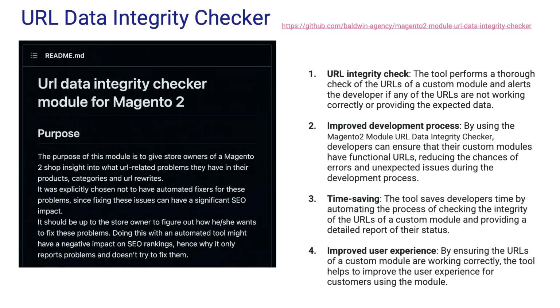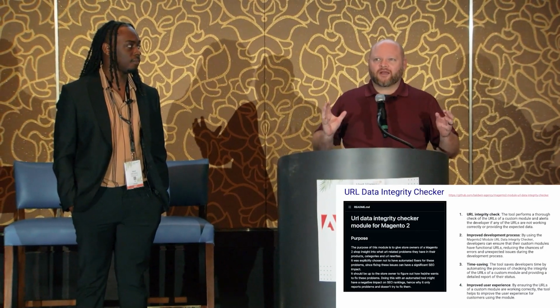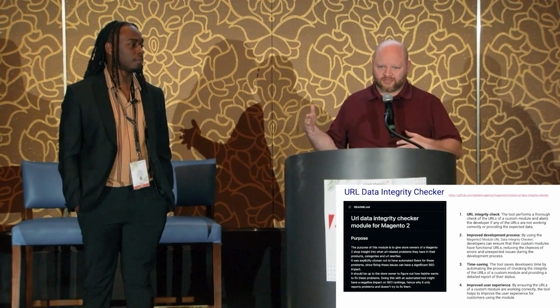The URL integrity checker. Now, this one is really important. We all kind of know Magento creates a lot of URLs that aren't necessarily the URL that you show to your customer. Usually, as long as you don't link to those URLs, you're pretty good as far as SEO.